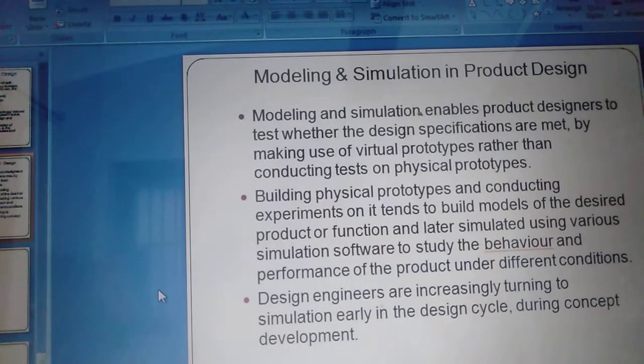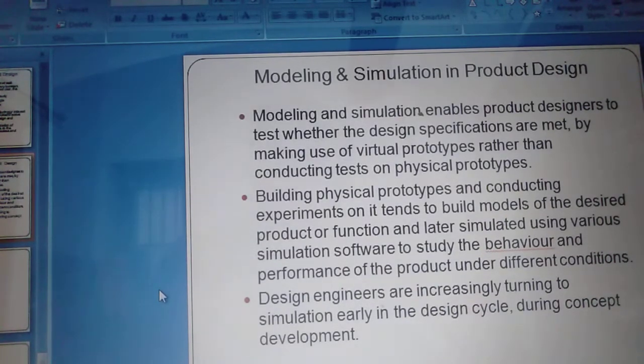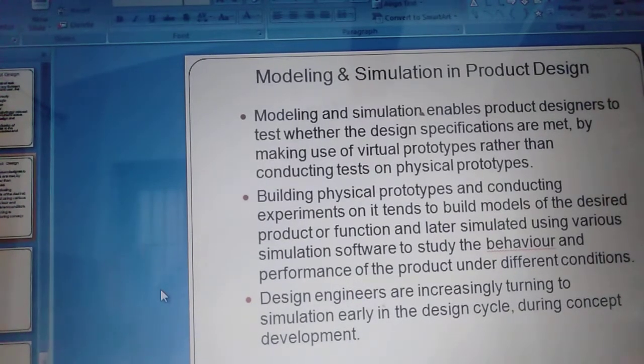Instead of going directly for the physical one, as you know, if you do the physical prototype it will take much time and if it fails, again you have to come back. So it is an iterative procedure. If you do it physically, it will cost energy, money and time also.